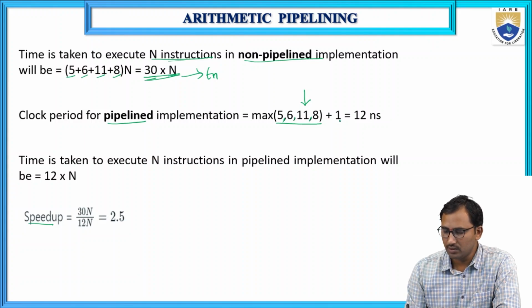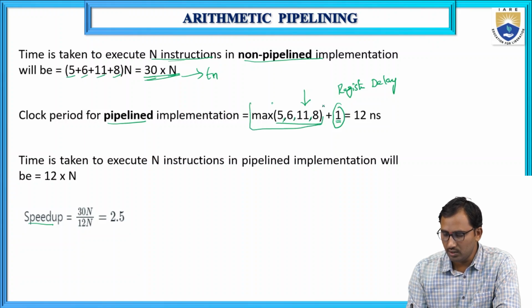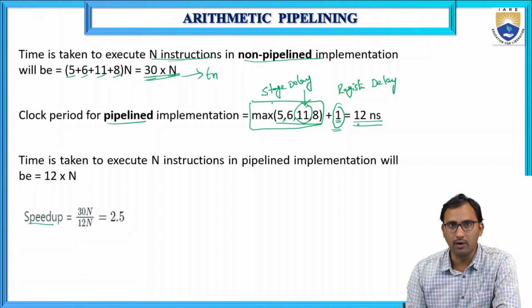Plus 1, this 1 is for the register delay, and this is a stage delay. So maximum stage delay is 11 plus 1 register delay. So total 12 nanoseconds. So this is Tp.